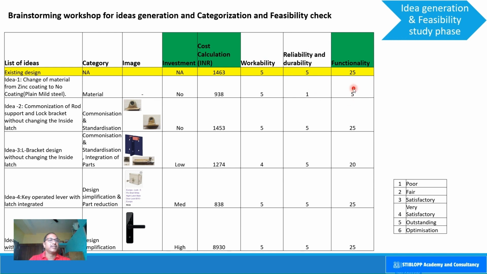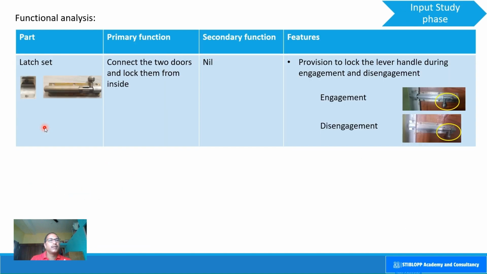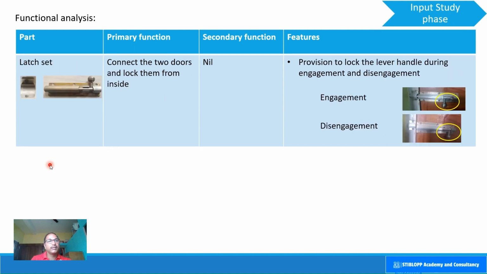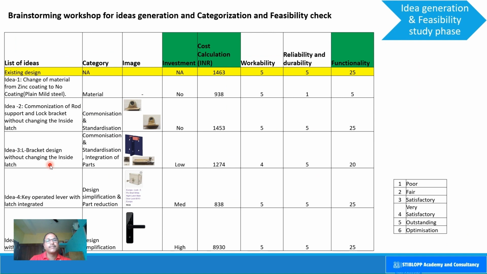Here it is 5. The next idea is commonization of the support and the lock bracket without changing the inside latch. What I'm trying to say here is, I want to eliminate this and replace it with a rod support bracket. Okay, fair enough.